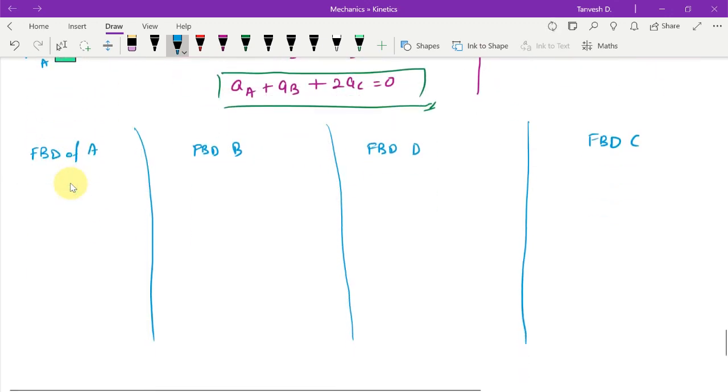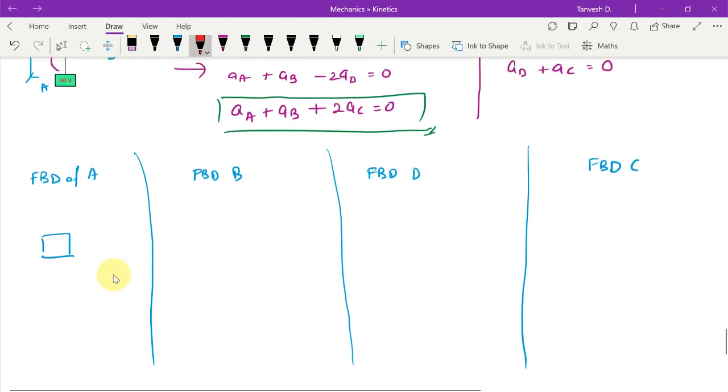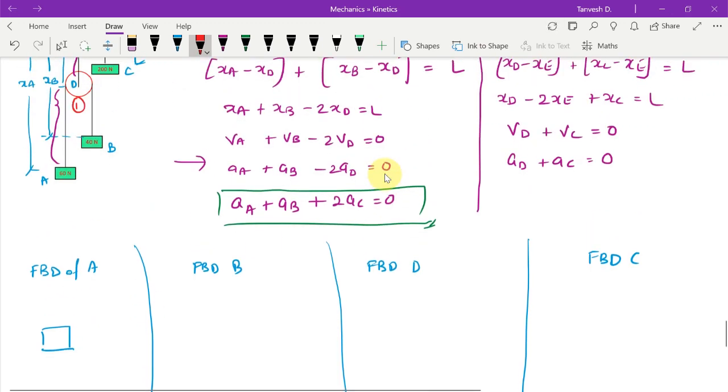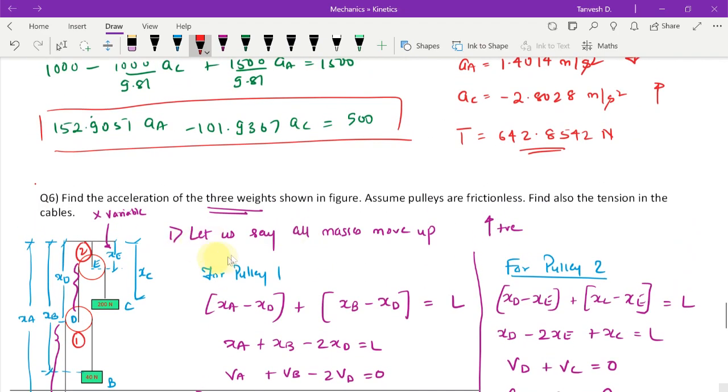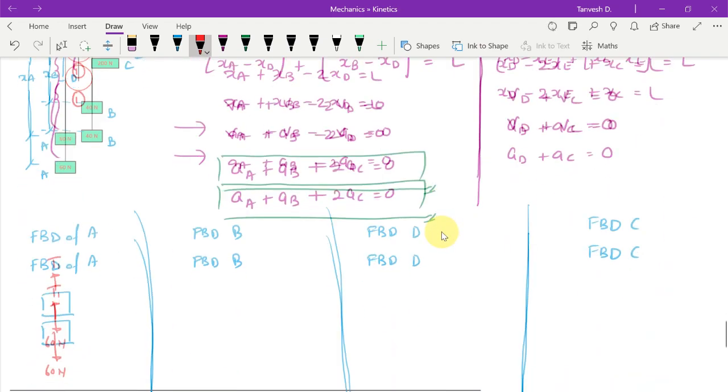So of A, let us say this is block A, and the forces acting on that block: 60 Newton is its weight. Then this tension I'll say T1 because this is the tension in pulley 1. All masses we have assumed move upwards.